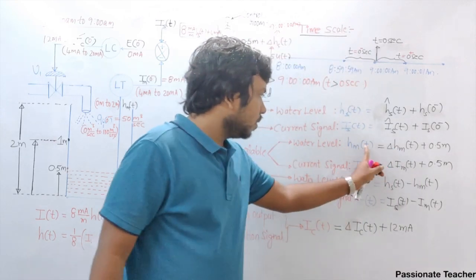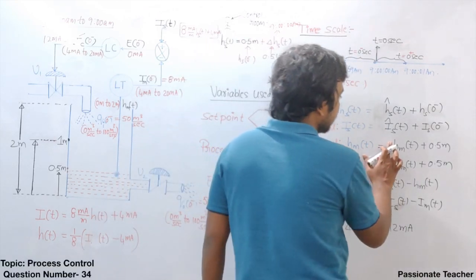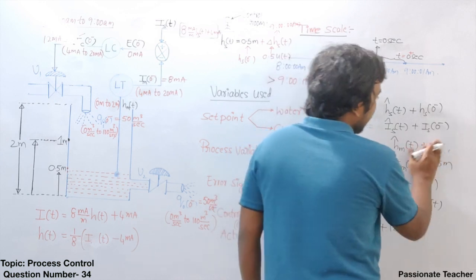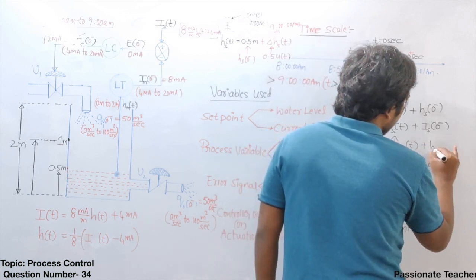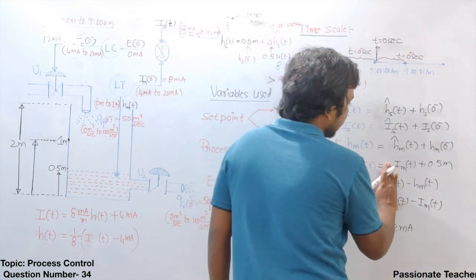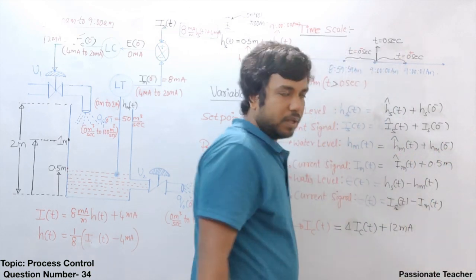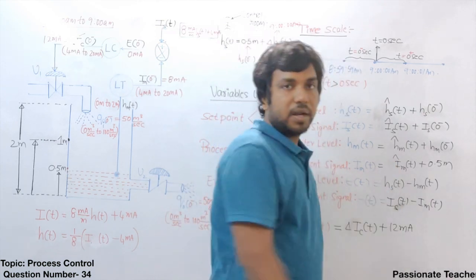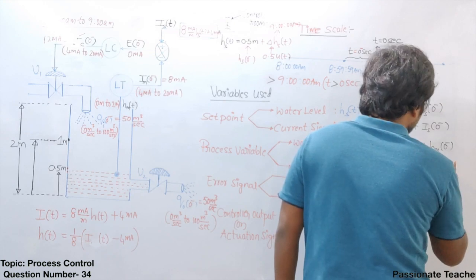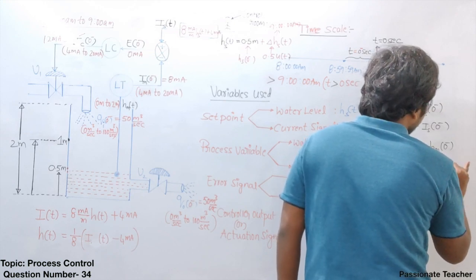And when it comes to Hm of t, this delta Hm of t should be written as some cap here, that means deviation plus initial steady state value, that is Hm of 0 minus. And here Im of t can be written as Im cap of t, because deviation we are indicating like cap. Okay, so this is initial value, that is Im of 0 minus.